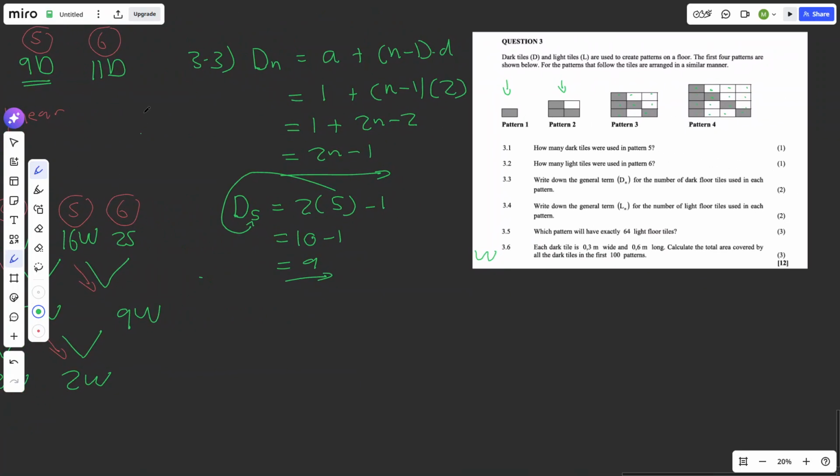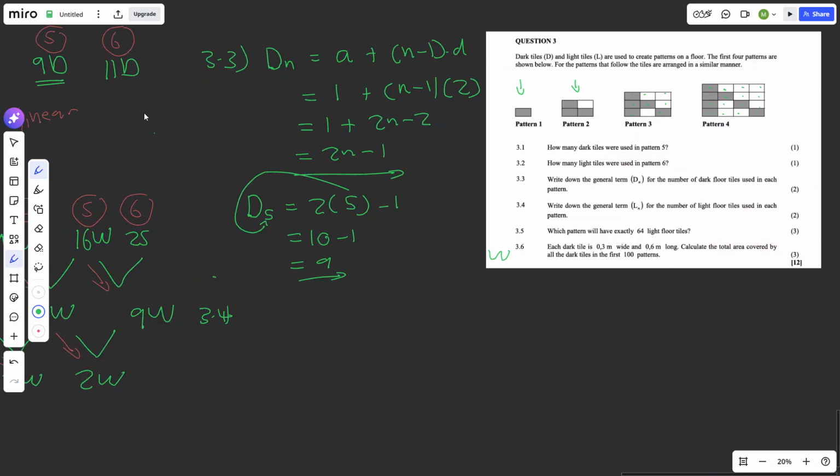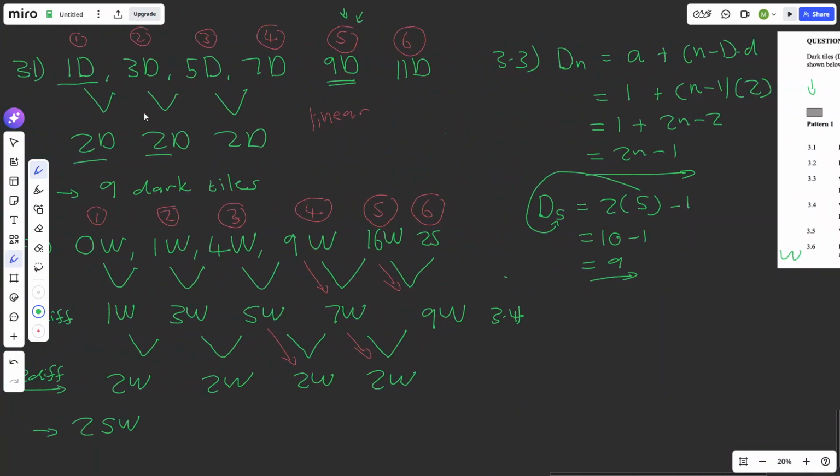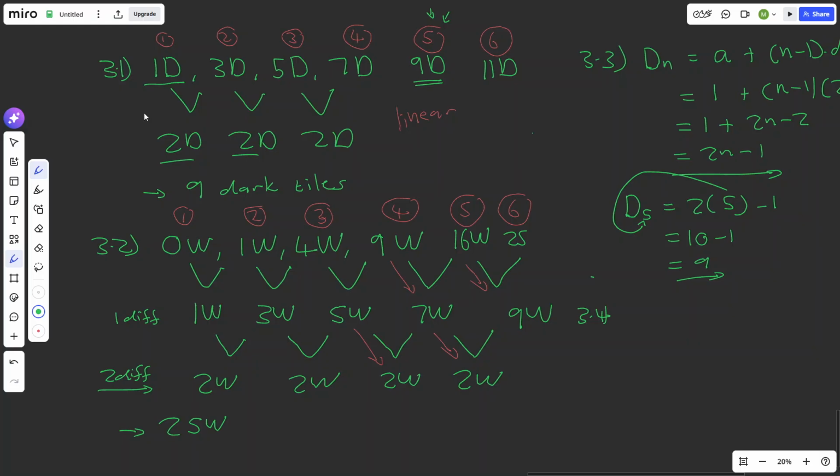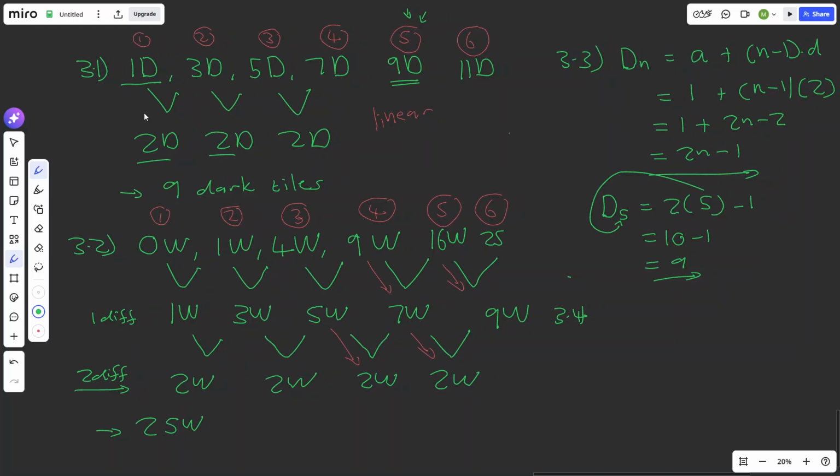So now let's go to the next part. In the next part, we want to now find the general term for the number of light tiles used in each pattern. For this one, we're going to take a different approach because we're dealing with a different type of number sequence. So for a quadratic number pattern, this is how you go about doing it.